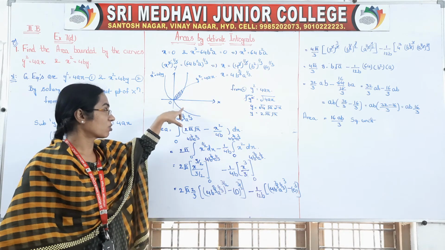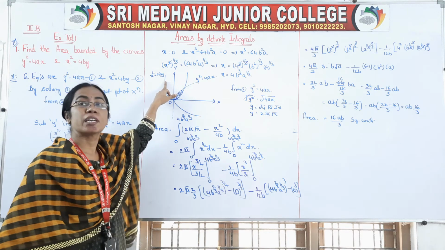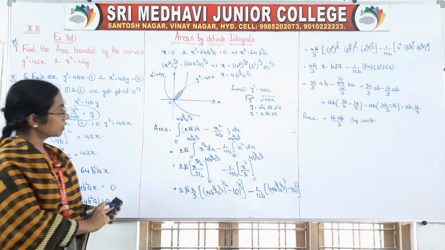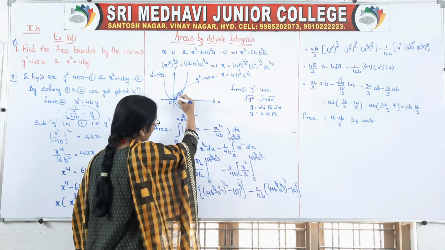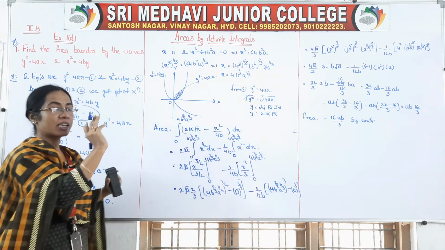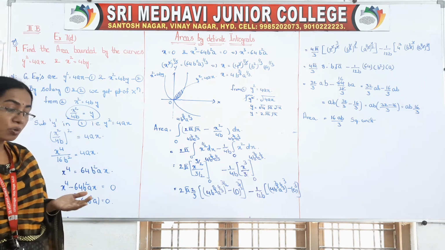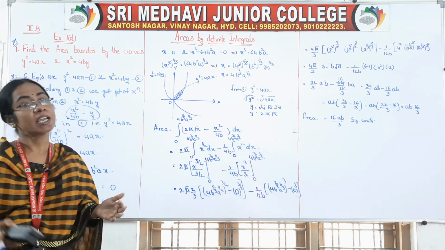So this is the y square is equal to 4ax curve, and this is nothing but the x square is equal to 4by curve. Okay, so their point of intersection is the area we have to find. But here we don't know from which point to which point we have to find the area.